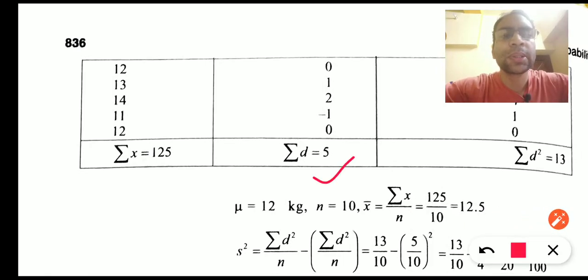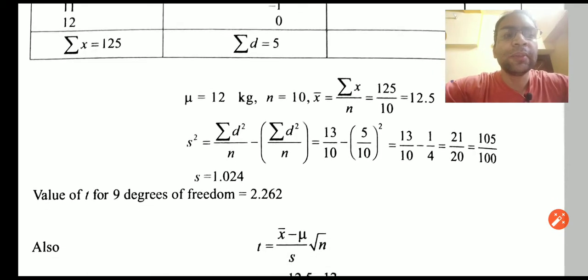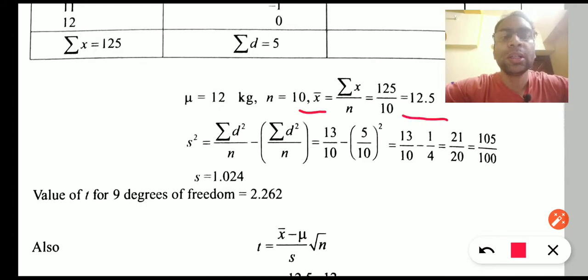So this is summation of D, this is summation of D square, and this is summation of X. Now, using the formula of the mean, we will calculate the value of X bar. X bar is always sigma of X upon n, that comes to be 12.5, and in the question the universal mean is already given, that is 12.